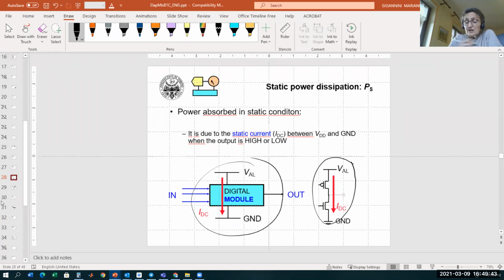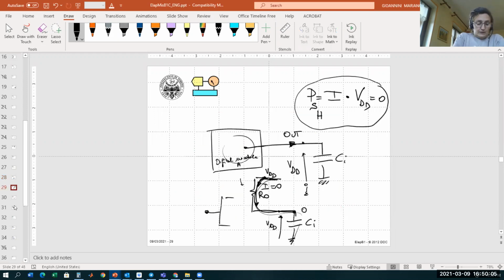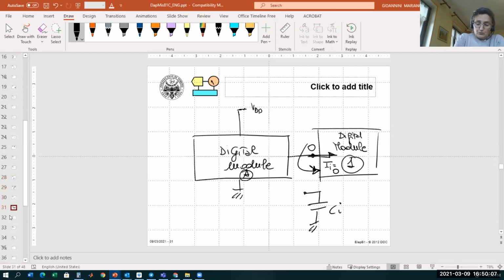In steady state, we have no current flow between VDD and ground, apart from the small leakage current. Therefore, we say static current is 0, and static power dissipation is basically 0. This is the explanation that we have here.